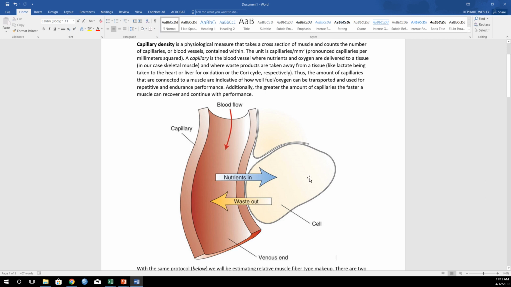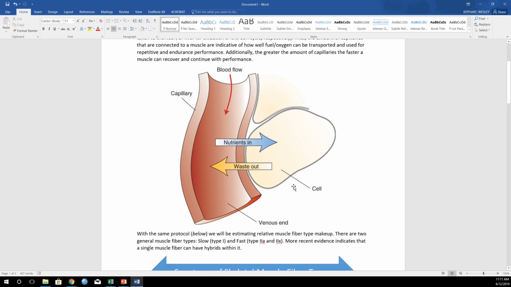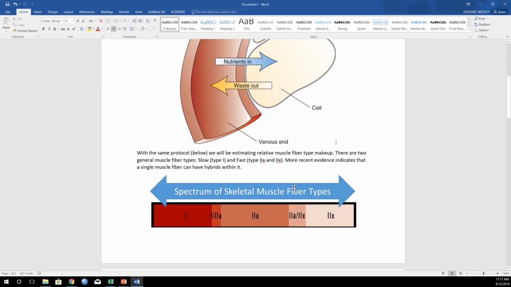The more capillaries that we have, the better a muscle can recover. So, say you're doing 3 sets of 10 on a squat, and you have to rest at least 2 minutes in between each to maintain your performance. If you have a greater capillary density, maybe you only have to rest 90 seconds or maybe just a minute. So you can get waste products out, nutrients in, all of that. Fairly important for all sorts of performance.